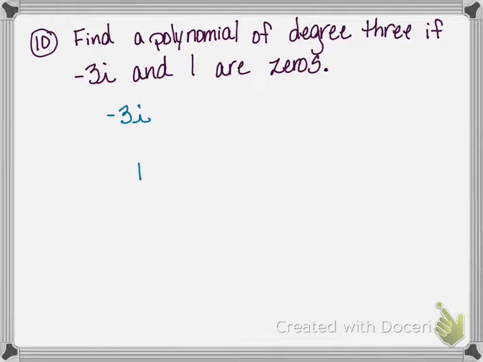Negative 1 is not automatically one of the solutions. However, negative 3i is a complex, and it always has to have its opposite, okay? Anytime we have complex, that means an i is involved, or we have a square root, that means its conjugate has to be included in the answer.